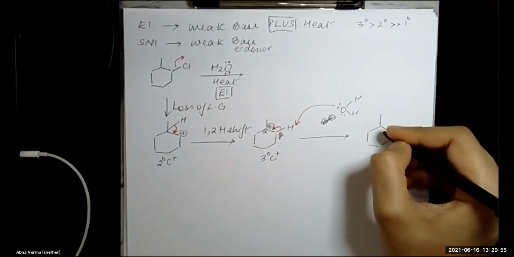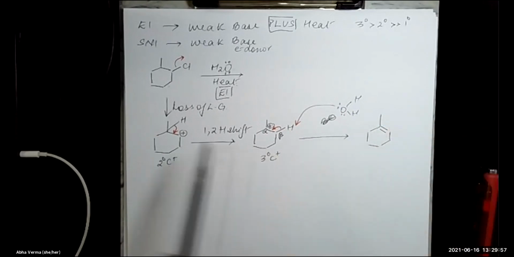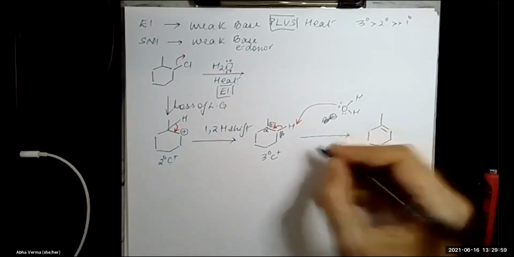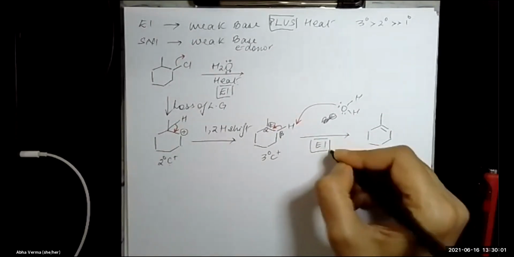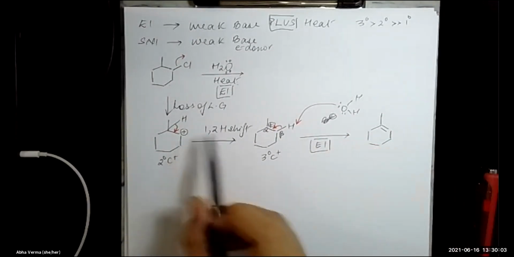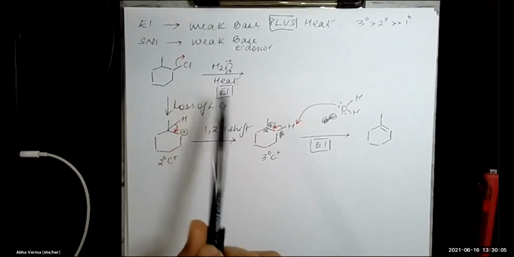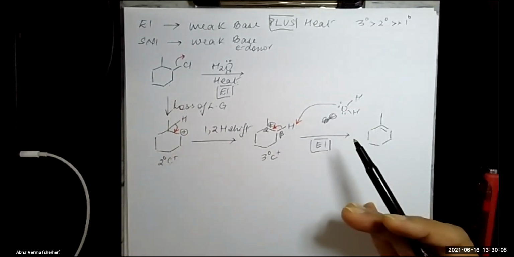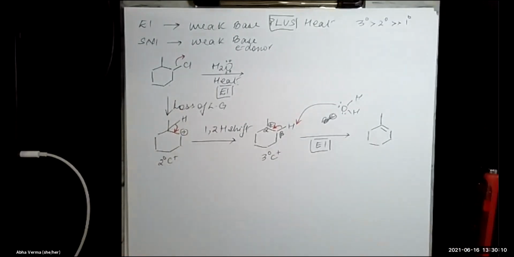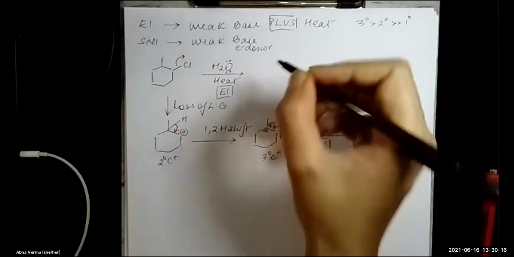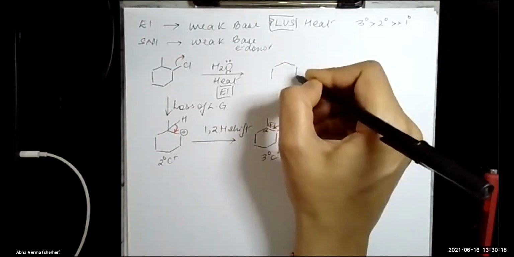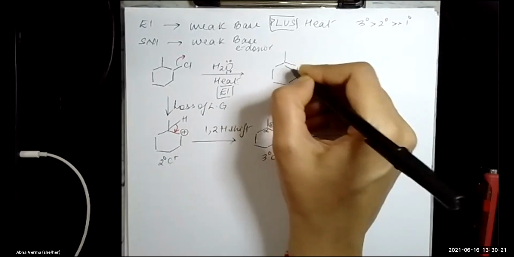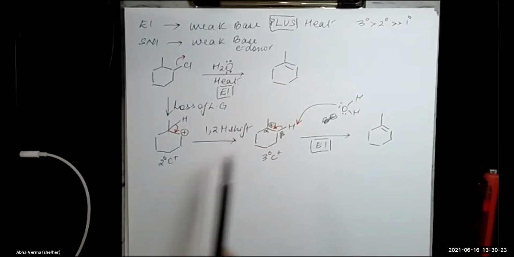So as you can guess, this is your E1 mechanism. Between your E2 and E1, who is the faster mechanism? E2. So 90-95% of your eliminations will be because of your E2 and not E1. E1 takes its time, just like SN1 does.